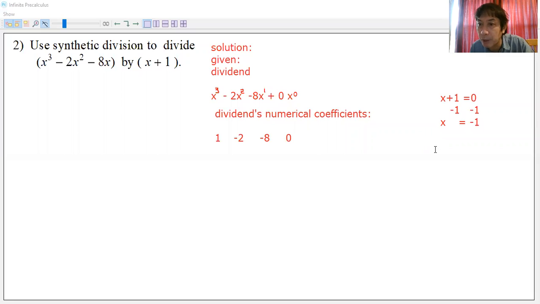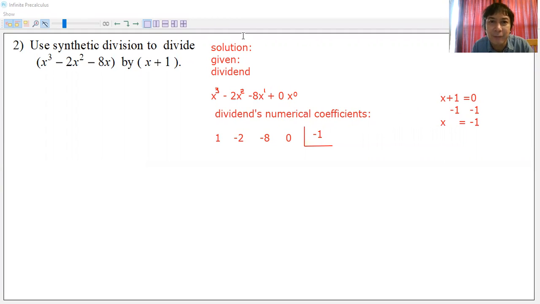So this will be our trial divisor. It's the -1. So we're going to place that over here, and this will be your trial divisor.